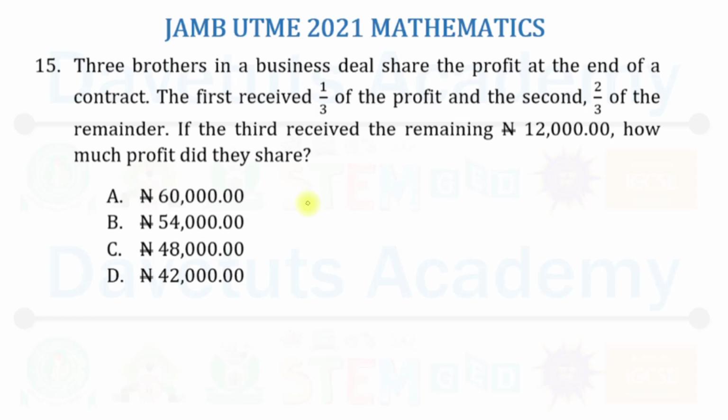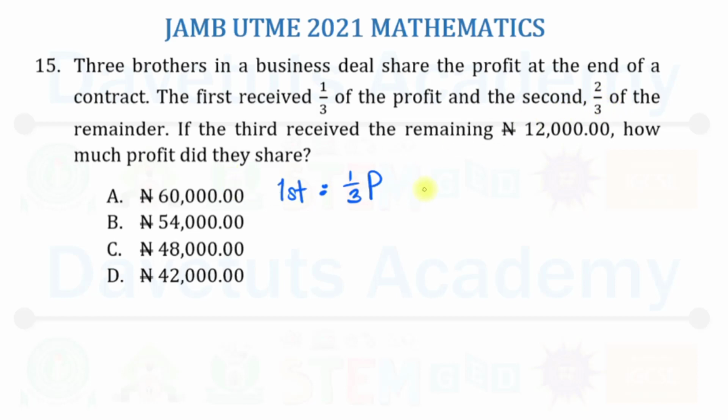Here we have a question on fraction, okay, that is featuring a word problem. And we have been told that 3 brothers in a business deal share the profit at the end of their contract. Congratulations to them. Okay, so the first received 1/3 of the profit. So the first brother received 1/3 of P, if P is the profit, and then the second received 2/3 of the remainder.